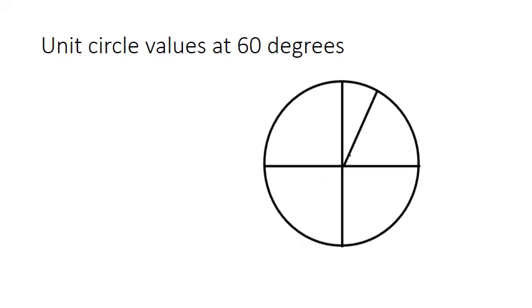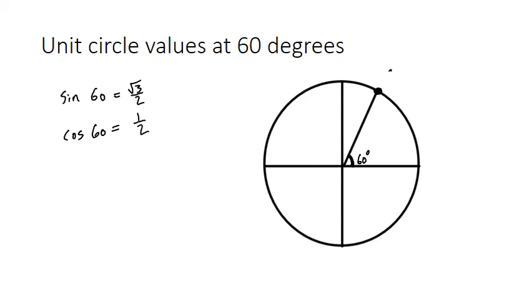For 60 degrees, let's say that our reference angle here is 60 degrees. We want to find out what this point is. Remember that sine of 60 is radical 3 over 2, and that the cosine of 60 is 1 over 2.